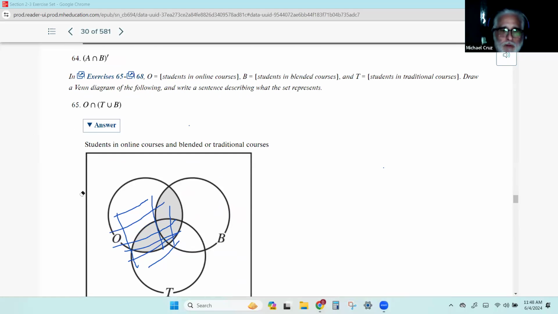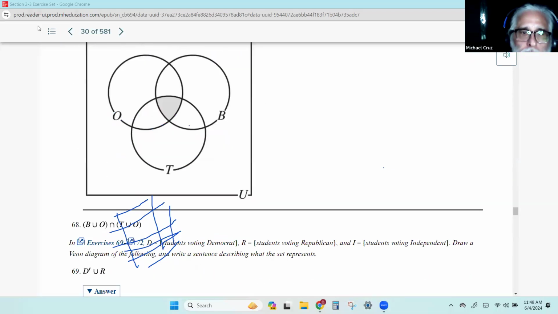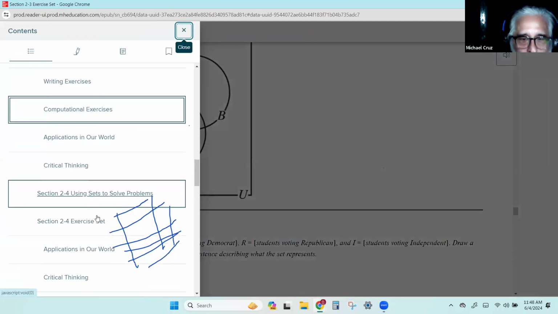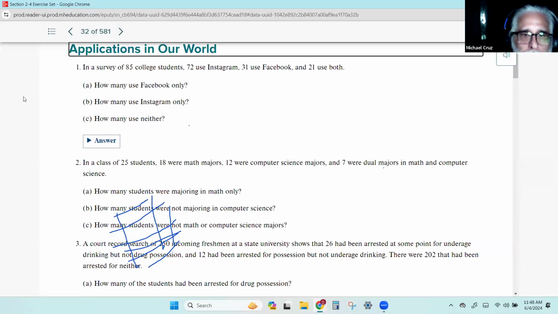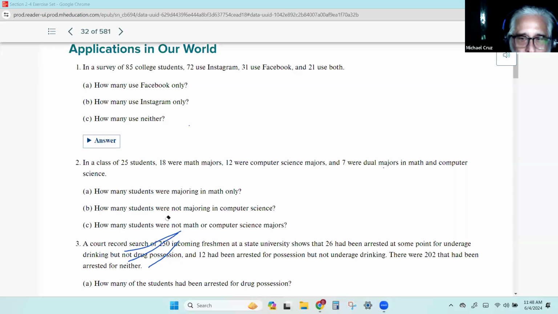Let's go to the next section. So this is where I kind of started off yesterday. Well, about midday, mid lecture, I started off with this. This is the last section, the application.